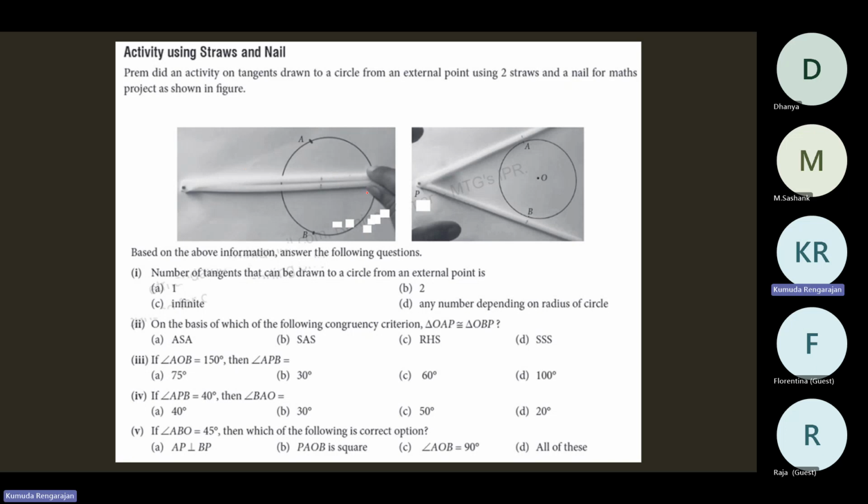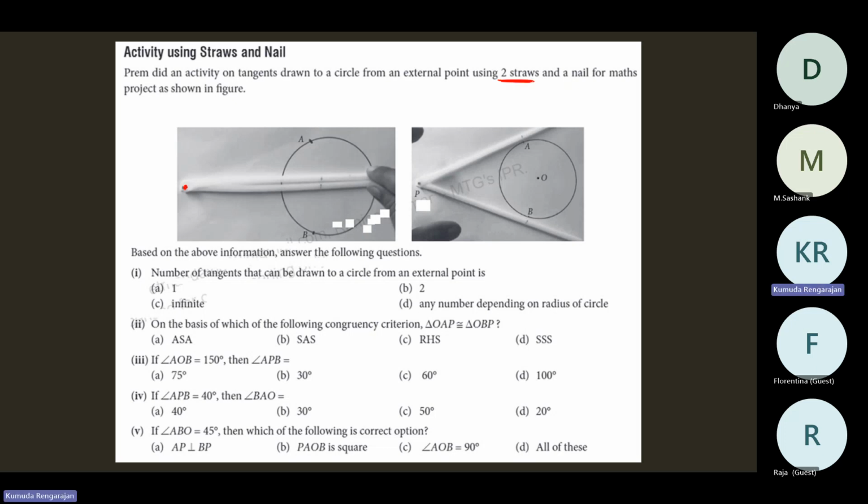So this is an activity without working it through congruency, without actually using the property of congruent triangles. Using this activity, he understands that the tangents from an external point of the circle are equal. And look at the activity, he's fixed the straw here using a nail.